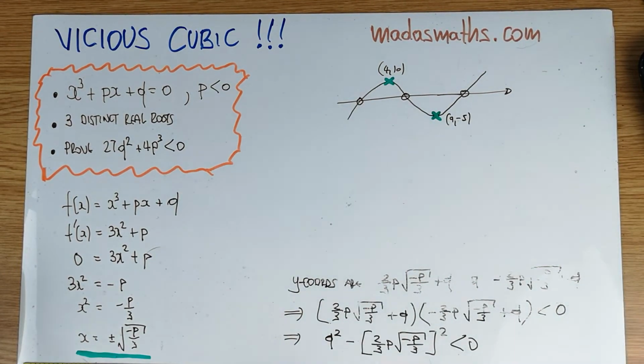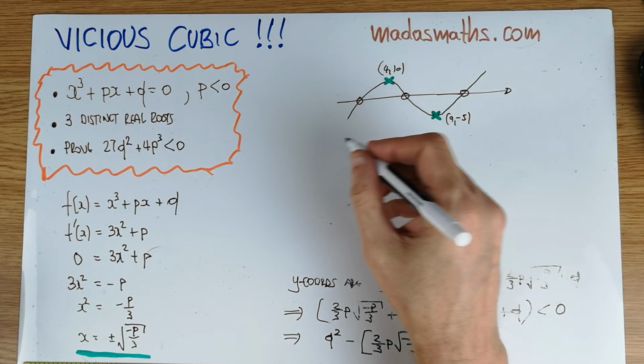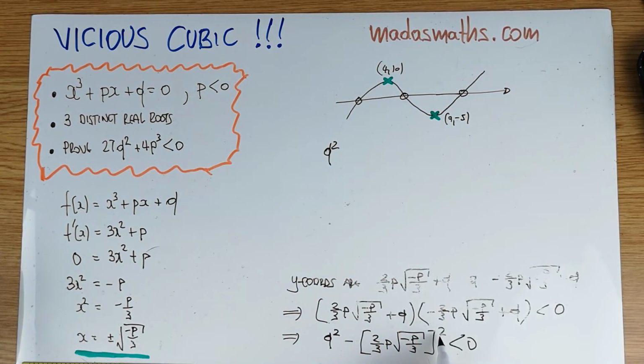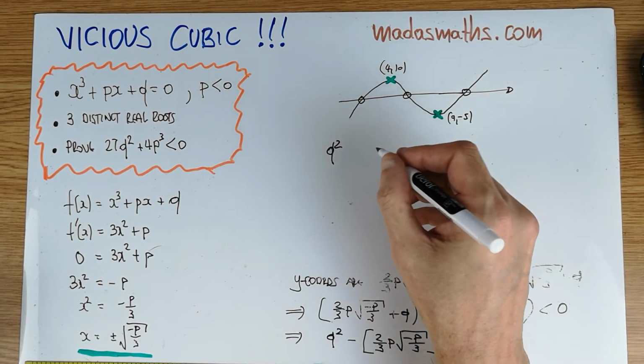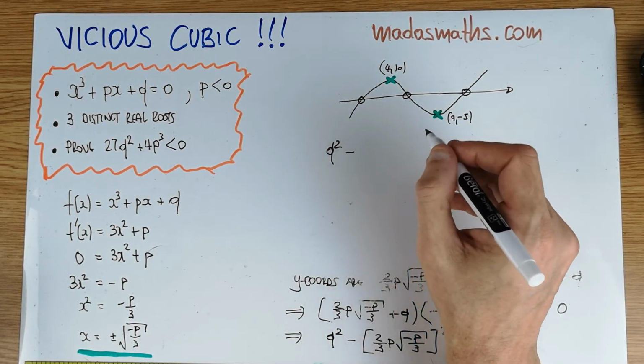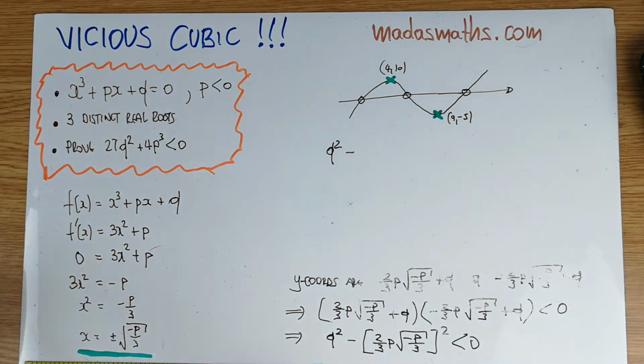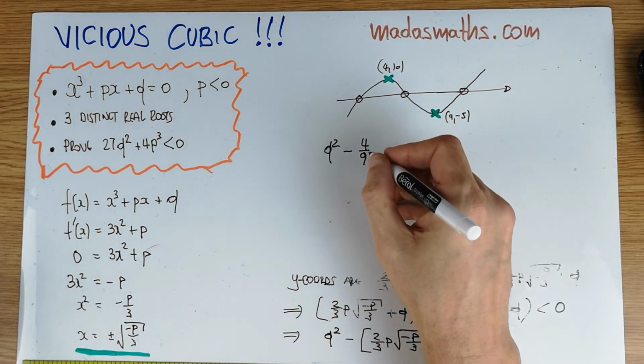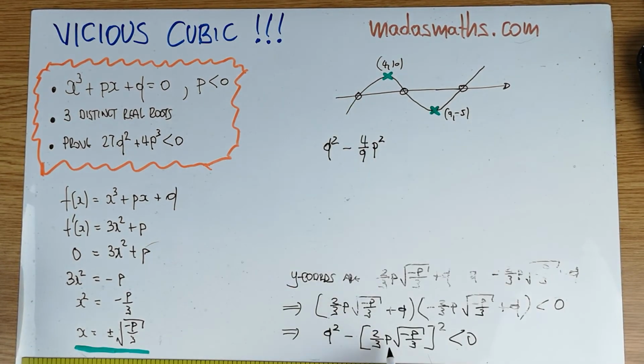So this will now give us a q squared, and we're squaring this quantity, so that's going to be a 4/9. So it's going to be a minus 4/9 p squared. That's up to here.